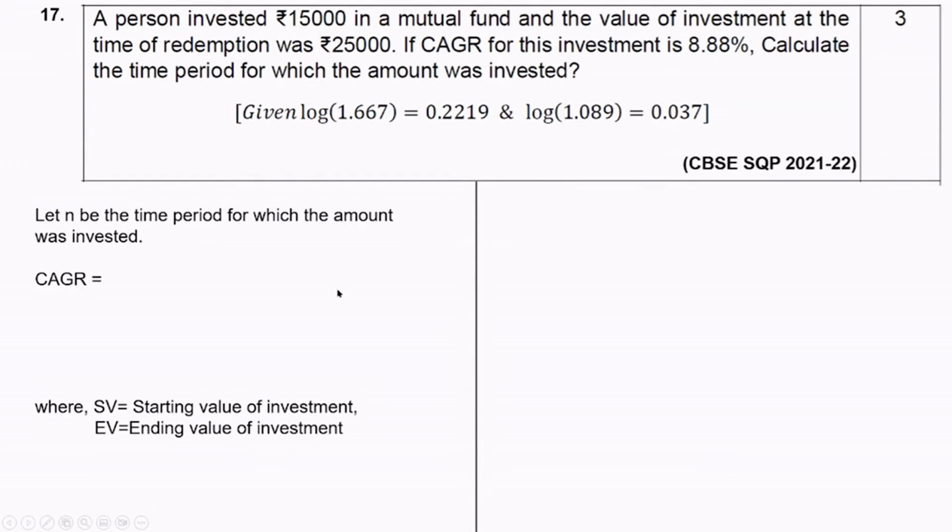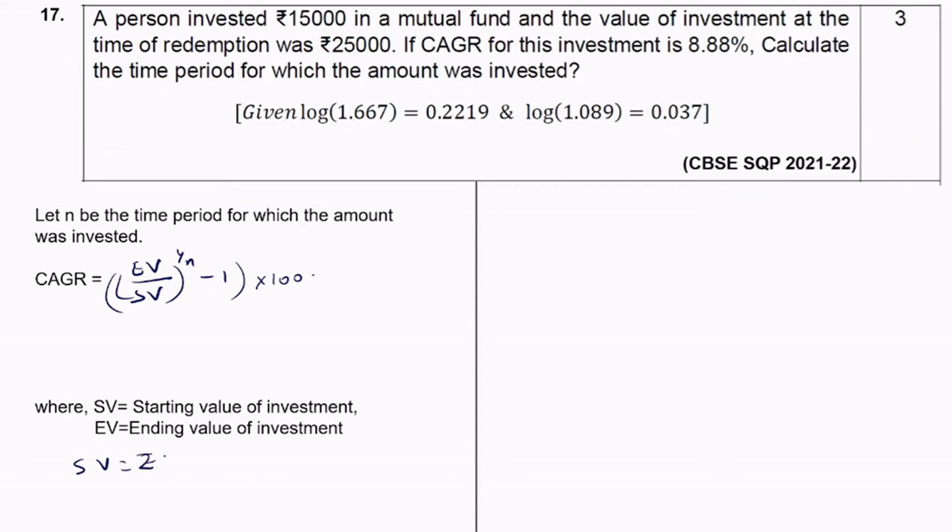So here let us take, let n be the time period for which the amount was invested. Now we have the formula for compound annual growth rate given by ending value upon starting value the whole raised to 1 by n minus 1 into 100. So here let us write what all is given.